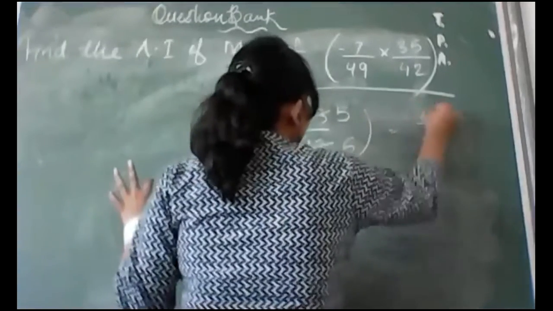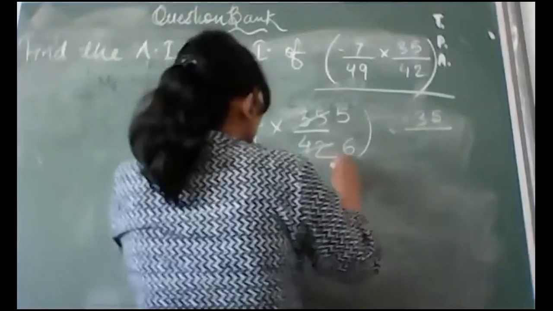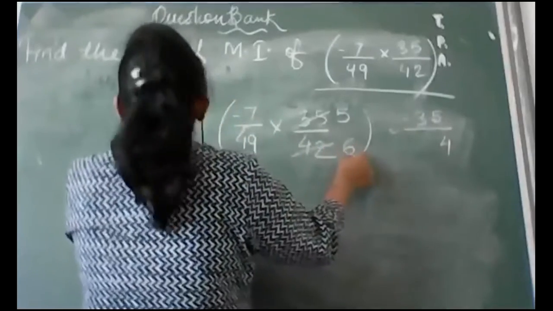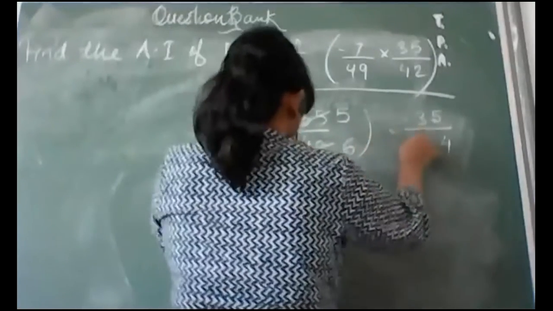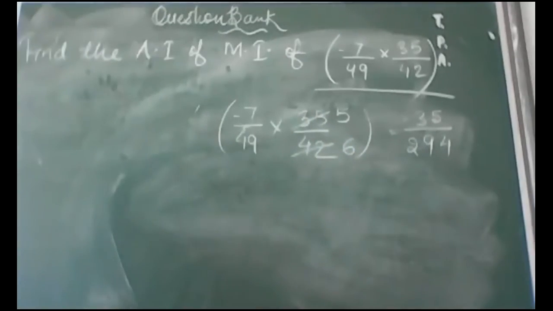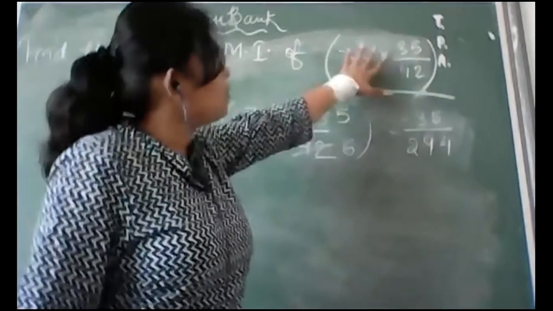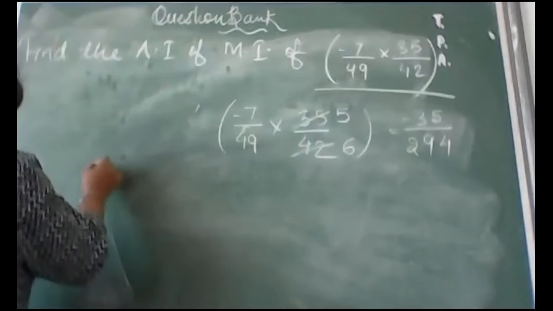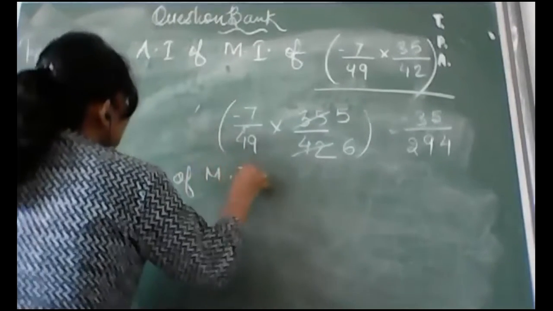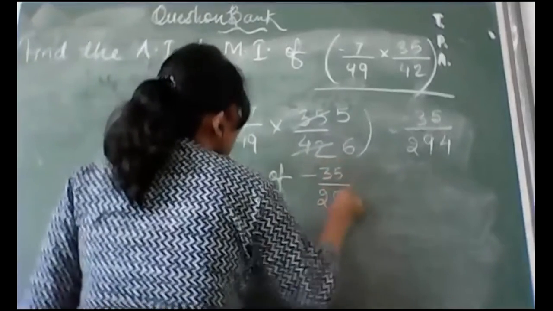After multiplying, you get minus 35, and here 49 into 6, which is 294. So minus 35 upon 294. Now the question has converted into the AI of the MI of minus 35 upon 294.